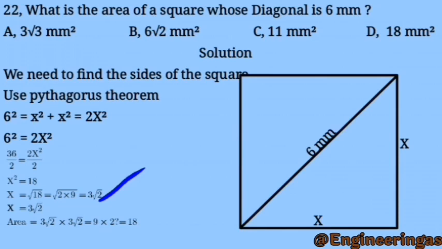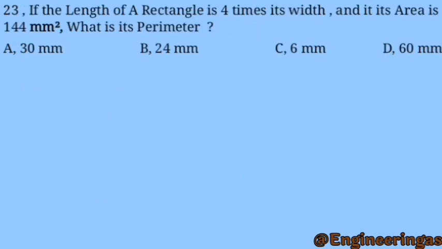Area will be 3 root 2 times 3 root 2. This will be 9 times 2. It will be 18. So 18 millimeter squared is the area of the square. Answer is D.